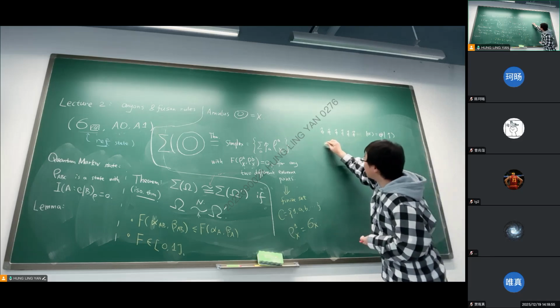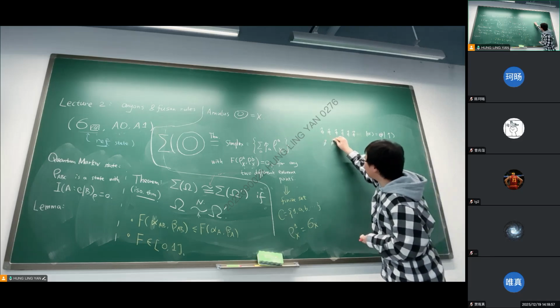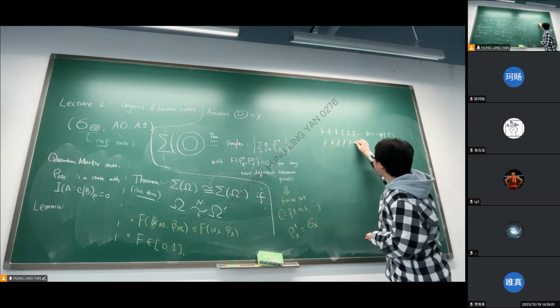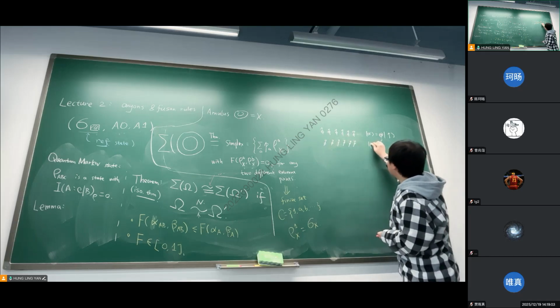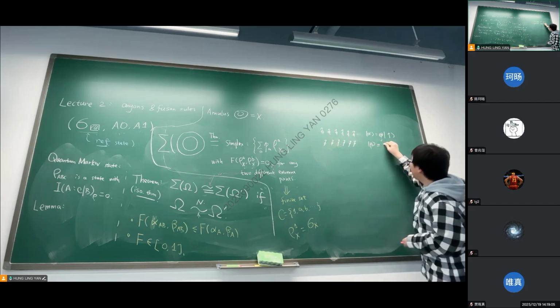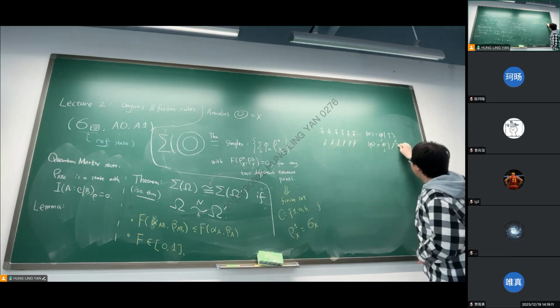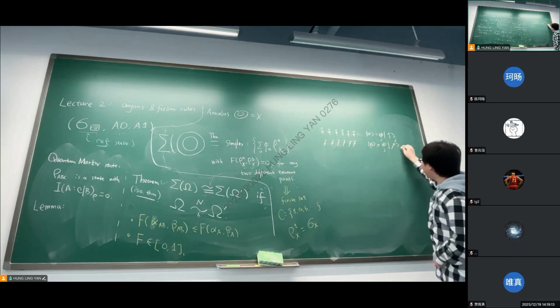But now let's rotate the spins a little bit, and call this state beta, a tensor product of the rotated spins.